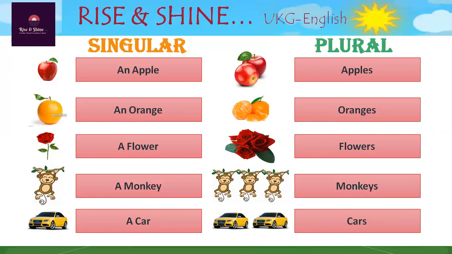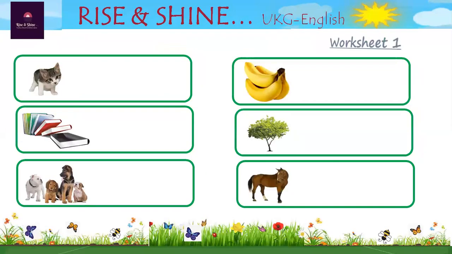So we apply S after any name. Now solve one worksheet. Now you know if it is 1 in number, you have to use an article before it. And if it is more than 1 in number, you have to use the S sound or letter S after it.